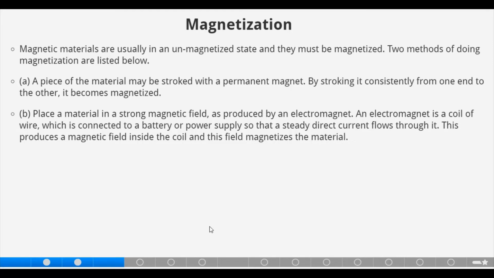B. You place the material in a strong magnetic field as produced by an electromagnet. An electromagnet is a coil of wire which is connected to a battery or power supply so that a steady direct current flows through it. This produces a magnetic field inside the coil, and this field magnetizes the material.